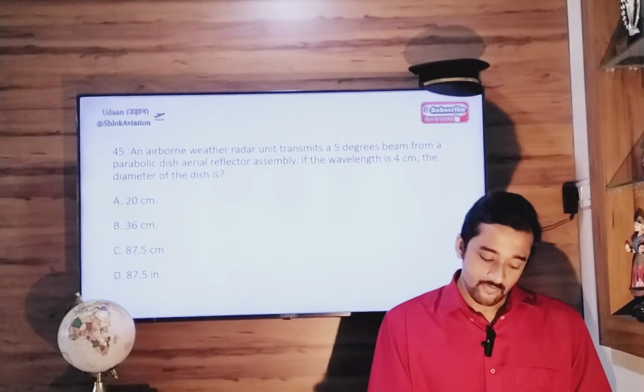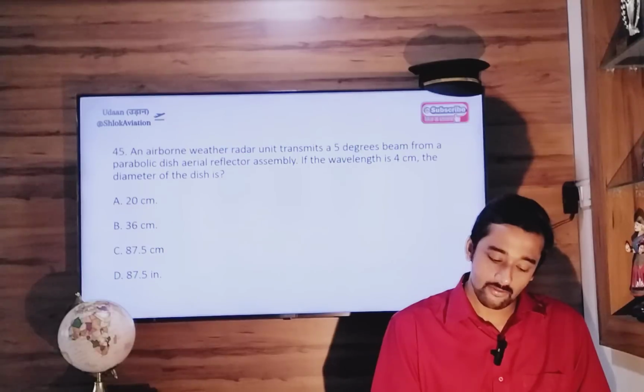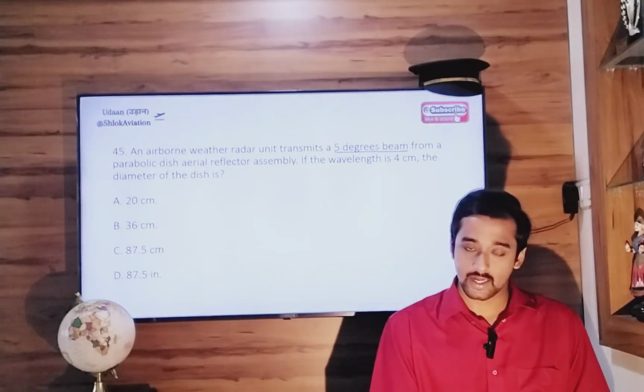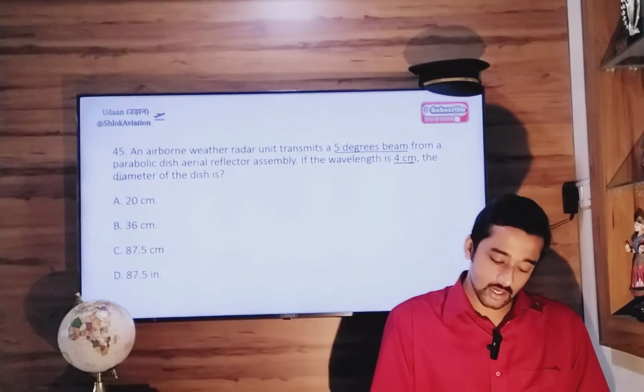45. Airborne weather radar unit transmits a beam width of 5 degrees from a parabolic dish aerial reflector. If the wavelength is 4 centimeter, what is the diameter of the dish?